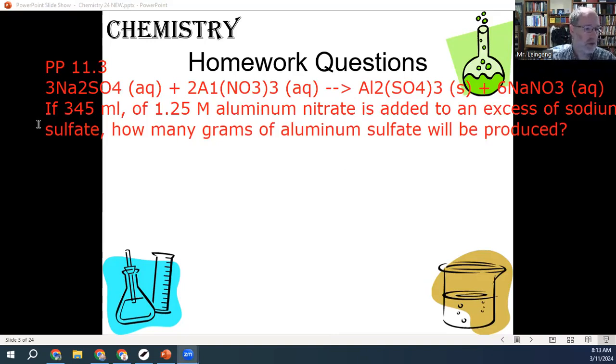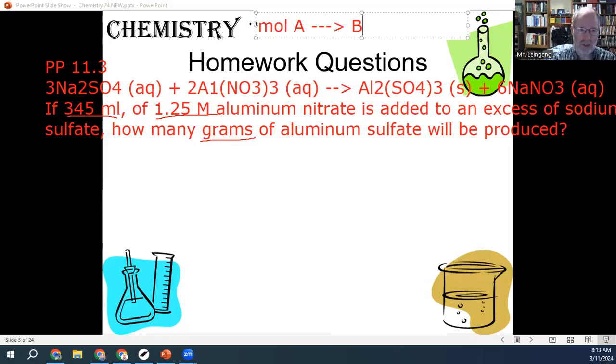Okay. So I have, let's see, volume. I've got a molarity. I'm asked for grams. So here's the trick. I know from stoichiometry that I can go moles of A to moles of B using the molar ratio, right?